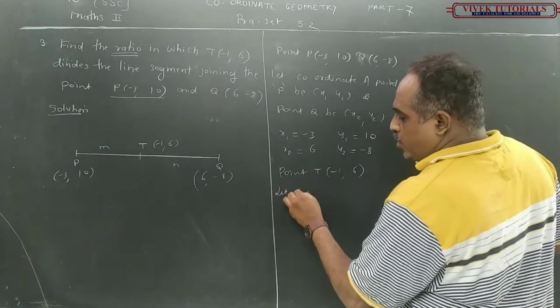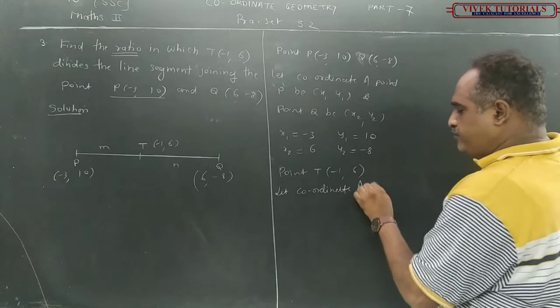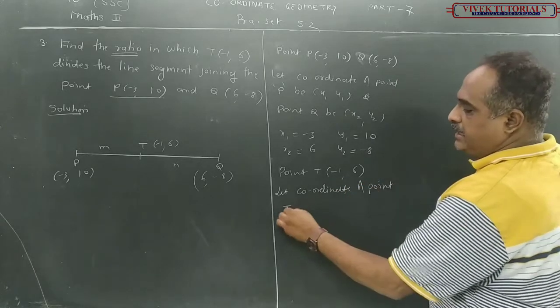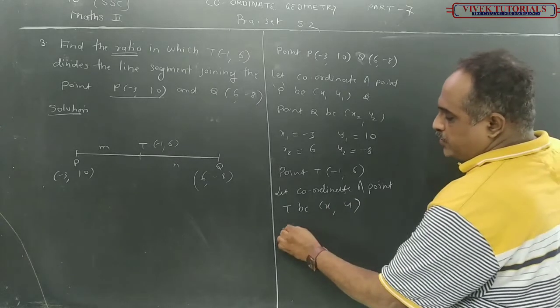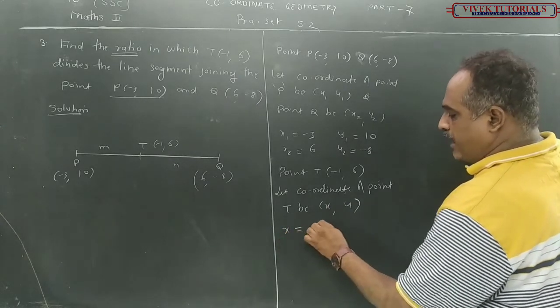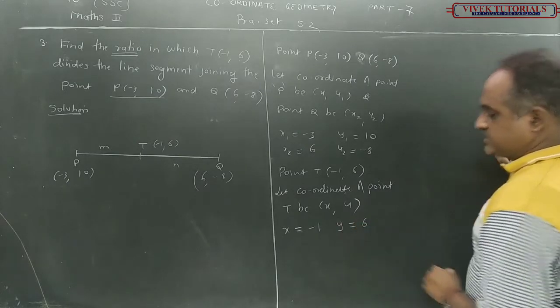Let the coordinate of point T be x, y. So the value of x is -1 and the value of y is 6.